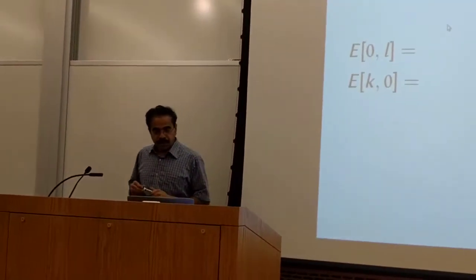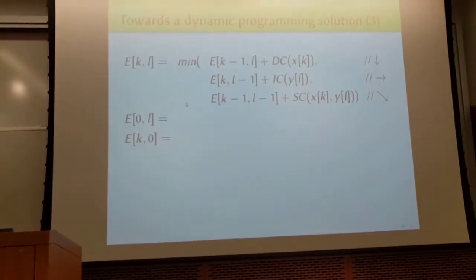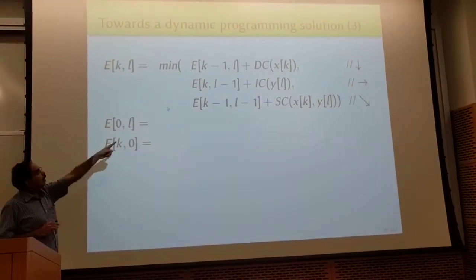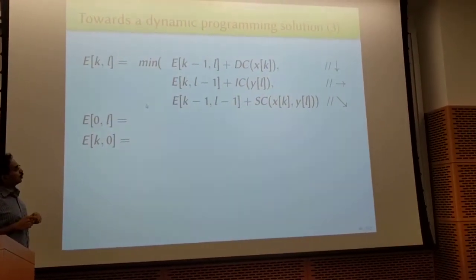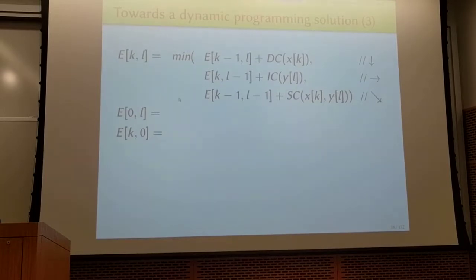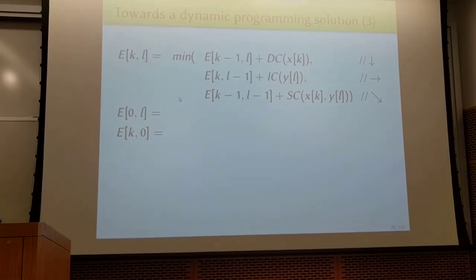Now, in the picture that we'll see in the next slide, each of these choices corresponds to moving right, down, or diagonally right in the matrix of edit distances. So this E is a matrix, a two-dimensional array.